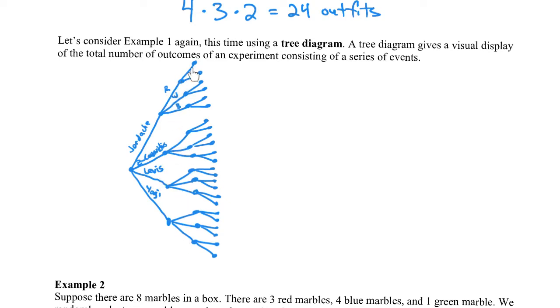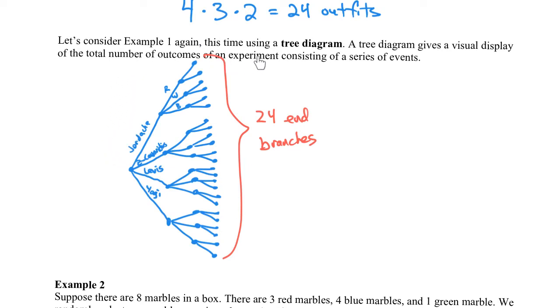And then at the end of each of those, you get 2 choices for your shoes. So if you look at the end here, there's 24 of these, we'll call them end branches. The name's not important at all. Just the idea that this tree diagram shows why this works.